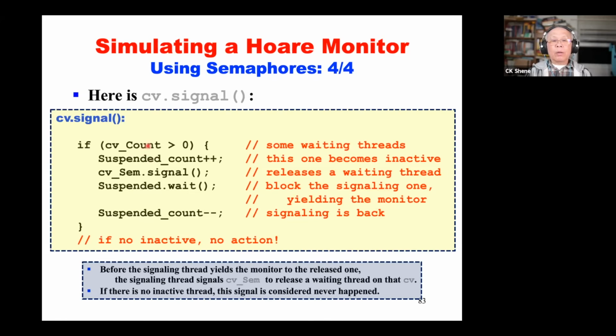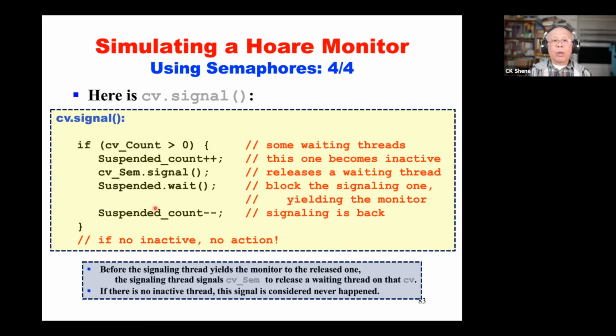So if there is someone waiting, then we add 1 to the suspended count, signal the condition variable semaphore, and immediately block myself. Sometime later, when I am released from the suspended semaphore, converting my status from inactive to active, then subtract 1 from the suspended count.